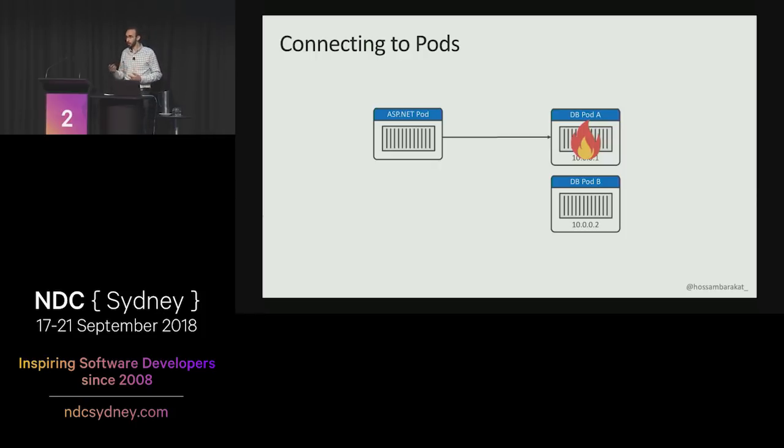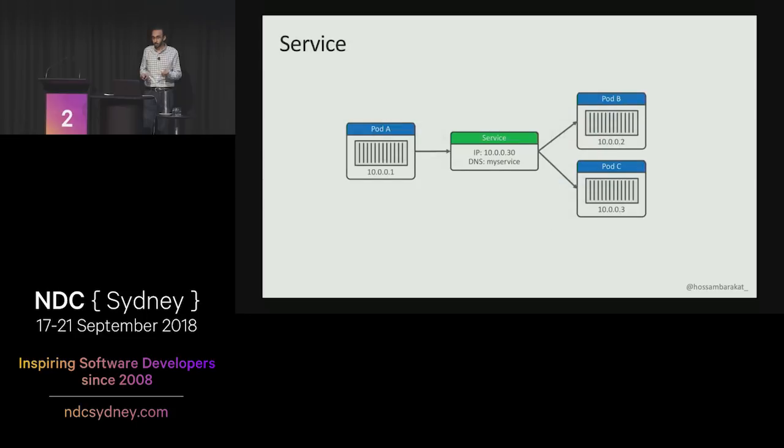And to avoid this situation, we could use another object in Kubernetes, which is services. Services allow us to logically group a set of pods using a label selector, similar to the one that we used with the replica set. But in addition to that, it also provides us with a DNS name that could be used by the consumers.